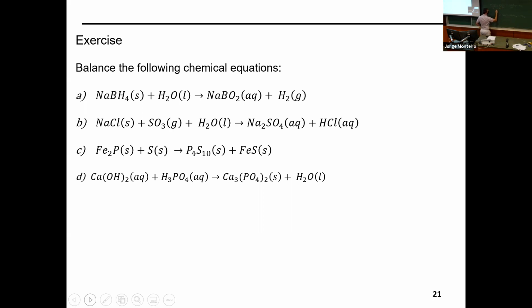So therefore, we have a total of 8 atoms of hydrogen before and only 2 after. So therefore, to match, we need to add a 4 times 2, 8 atoms of hydrogen. Okay? All of the elements need to be balanced.